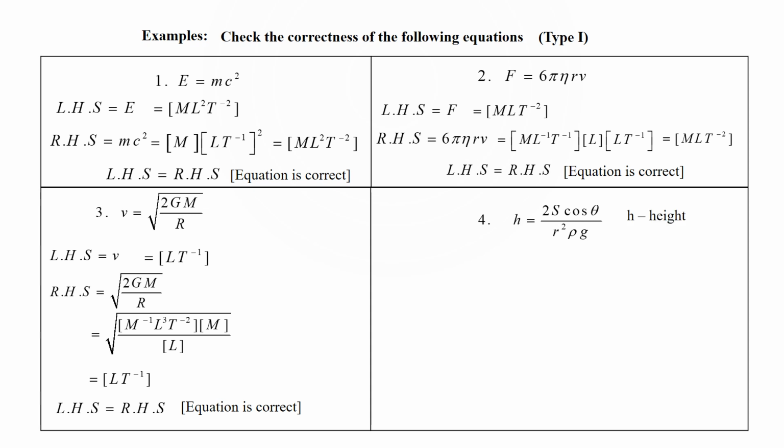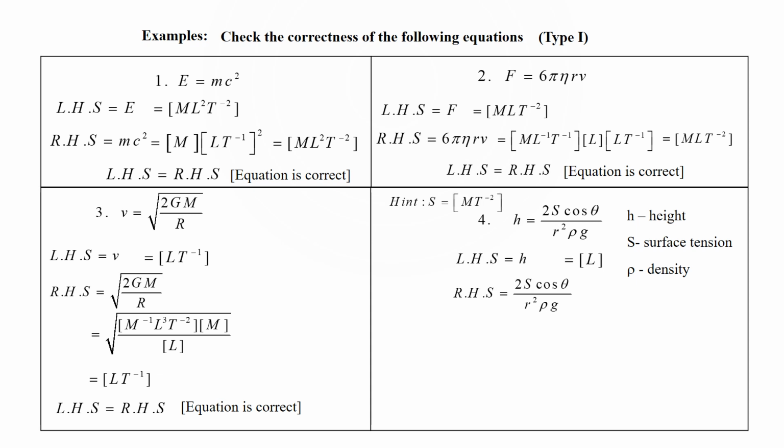Fourth example: h is equal to 2S cos theta upon r square rho g, where h is height, S is surface tension, and rho is density. The dimensions for surface tension are MT^-2, which is the hint for you. LHS is h, which is height, so that means L. RHS is 2S cos theta upon r square rho g. 2 is a number, no dimension.